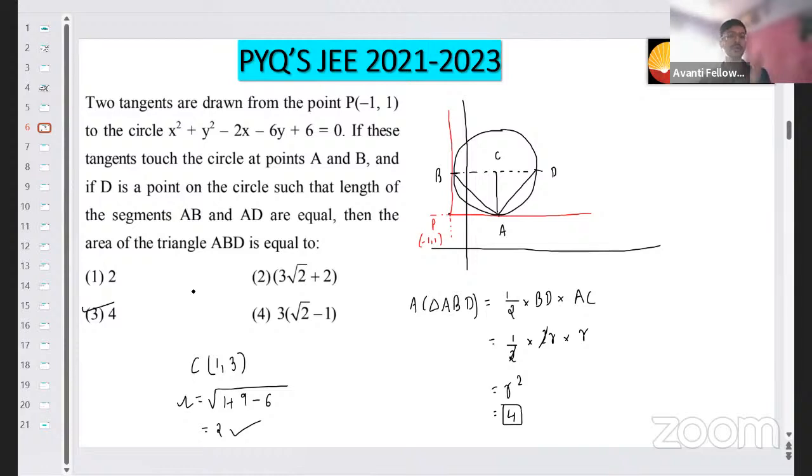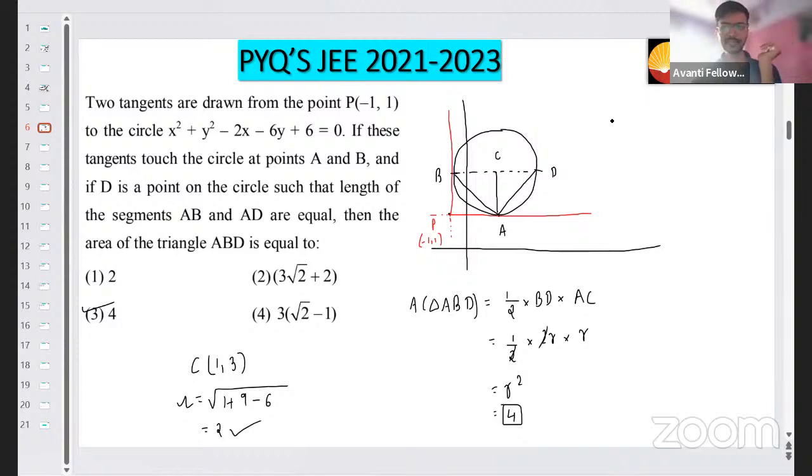Now, let me remind you, many of you will have a doubt. I also had a doubt when I first solved this. Sir, how did you know that these tangents will be parallel to the x-axis and y-axis? So for that, let me show you how we should know. See, the tangents are drawn from point P, minus 1 comma 1.